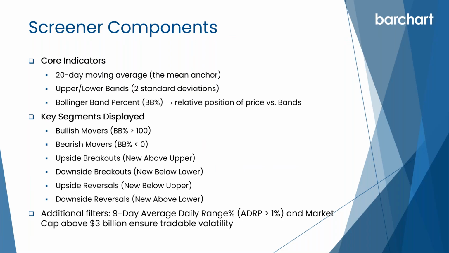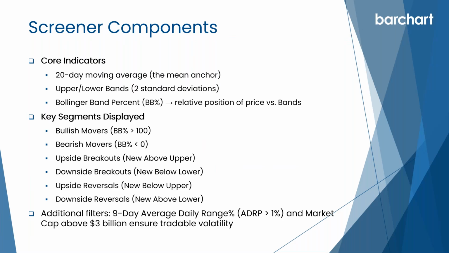The other is market cap, and we're going to use a market cap valuation of $3 billion. This does eliminate a lot of small and mid cap stocks. Could there still be opportunities based on these concepts? Yeah, but this ensures that we'll have tradable volatility.